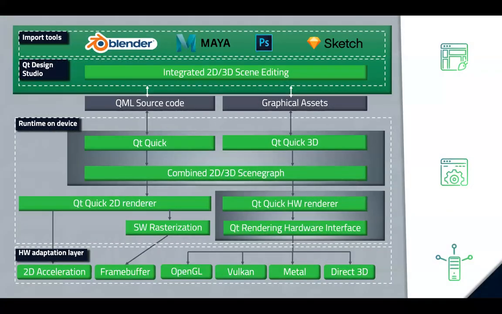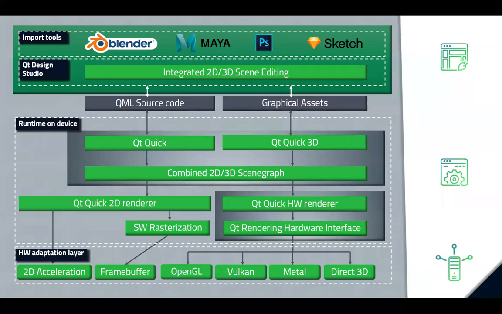In Qt, up to Qt 5.13, 5.14, the default graphics stack for Qt Quick and QML was based on OpenGL. When we did Qt 5 in 2012, our assumption was that we could use OpenGL as the one cross-platform graphics API for hardware-accelerated graphics.